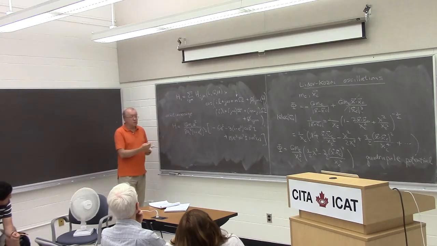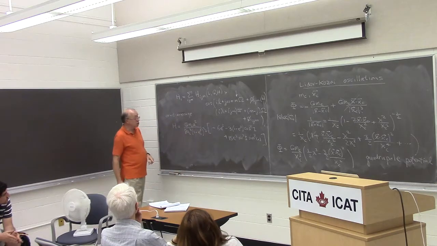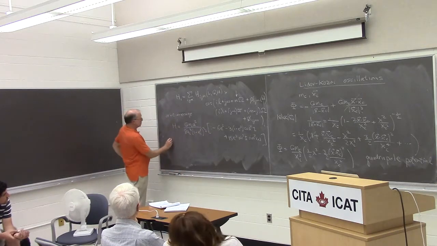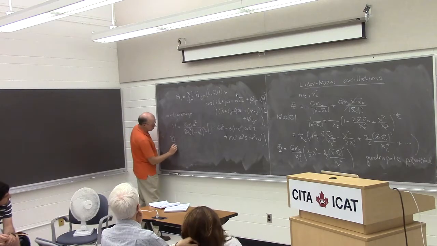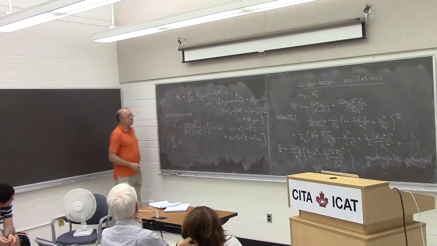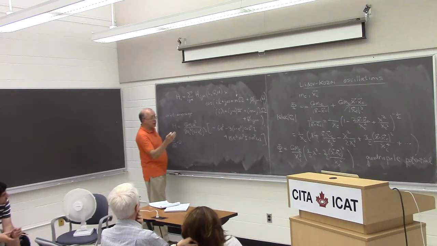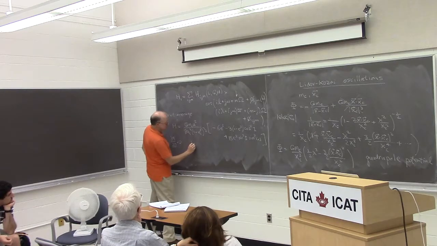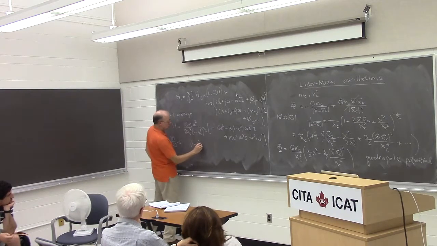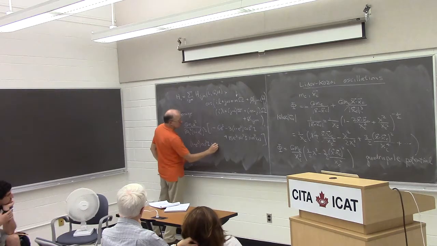First thing to notice is that this is independent of the longitude of the node. That is, ∂H/∂Ω is 0. That says that the Delaunay element H is conserved, and that in turn says that (1 − e²) cos² I is constant.